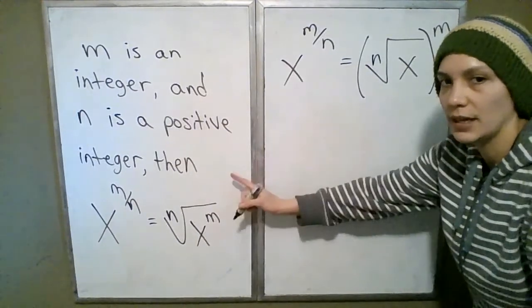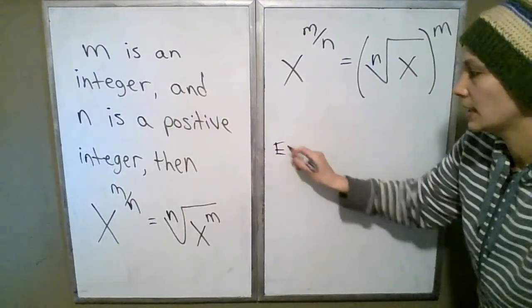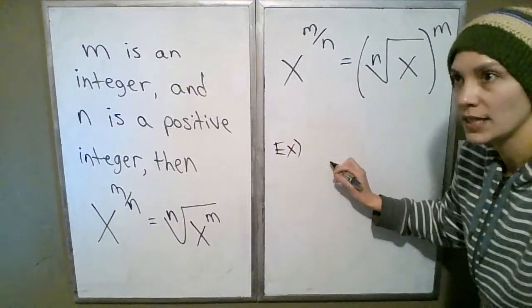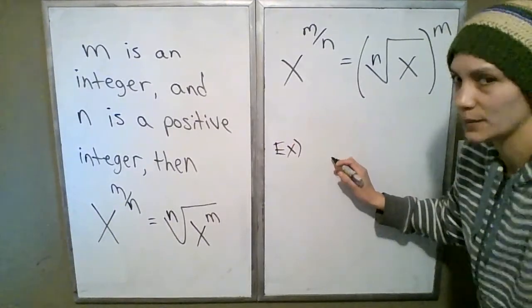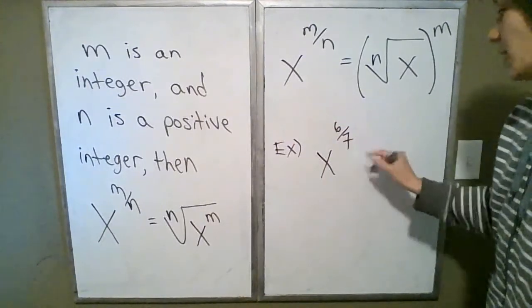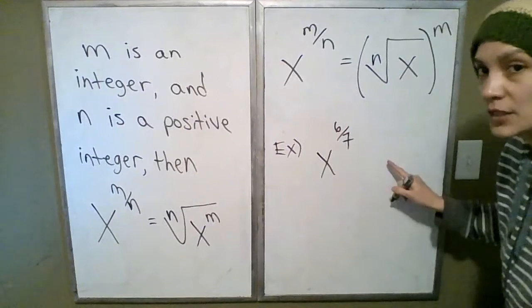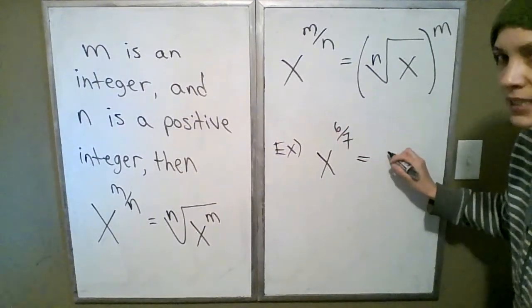We kind of introduced this last class. So we're going to take x to the sixth sevenths. Use the number in the denominator as your root, the seventh root, and I'm going to put x to the sixth underneath.